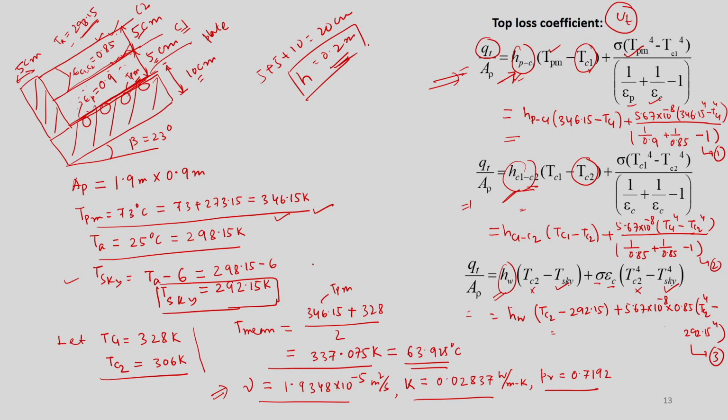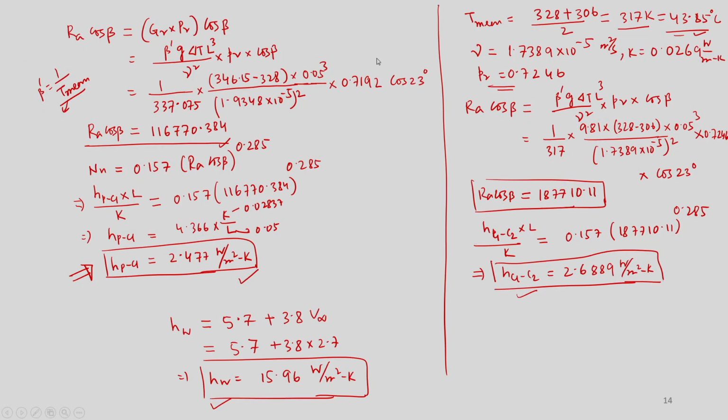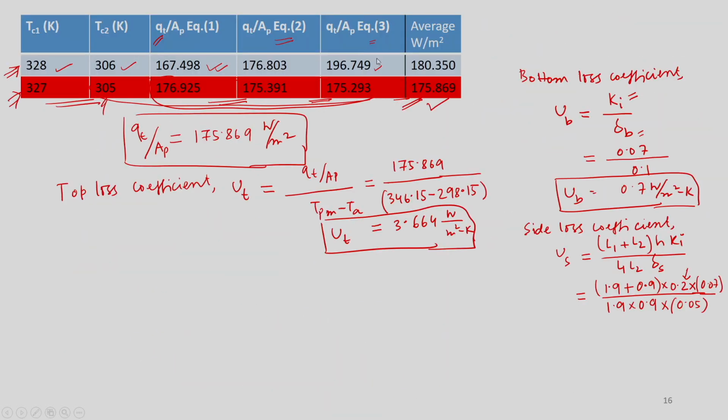Okay. So, this is what we have to use for calculation of the side loss coefficient. This 0.2, and once you do these calculations, then US is found to be 0.4585 watt per meter square Kelvin. Okay.